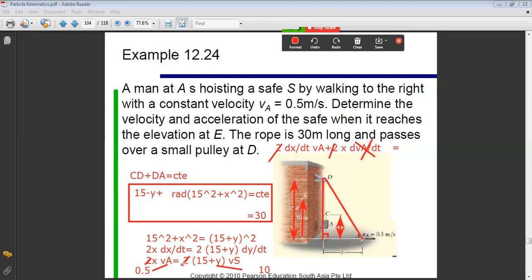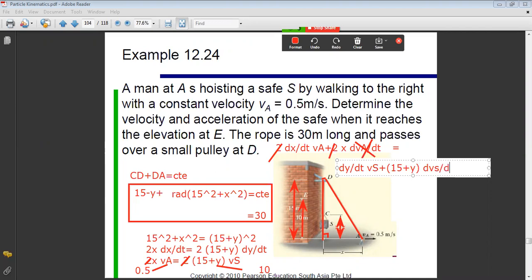The derivative of 15 plus y is dy by dt, times the velocity of S, plus, if I derive the second term, (15 plus y) times dVS by dt.